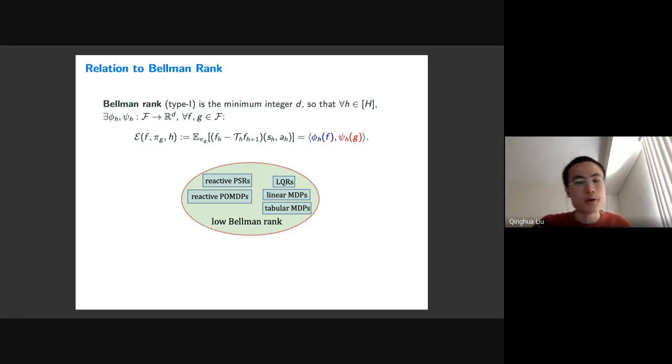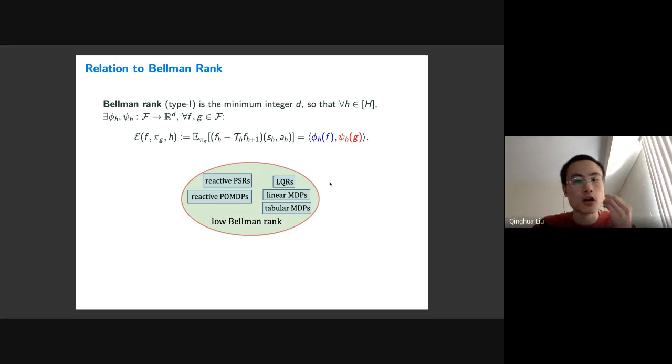The most important observation is that this decomposition disentangles the policy and the value function, because the blue part only depends on the value function, and the red part only depends on the greedy policy. So this essentially says the Bellman error has a linear factorization structure of dimension d.